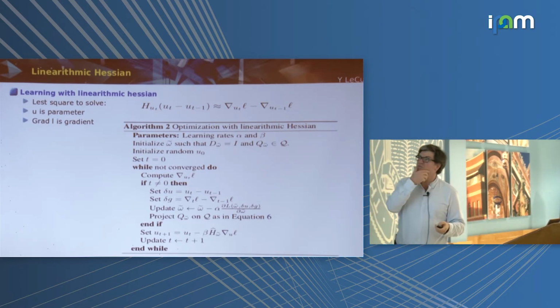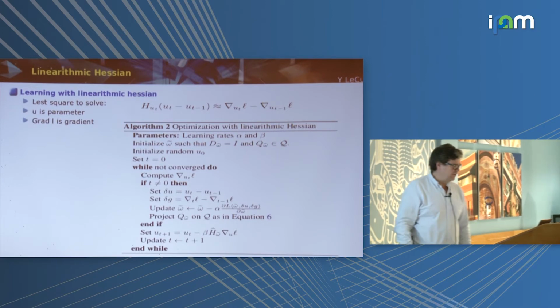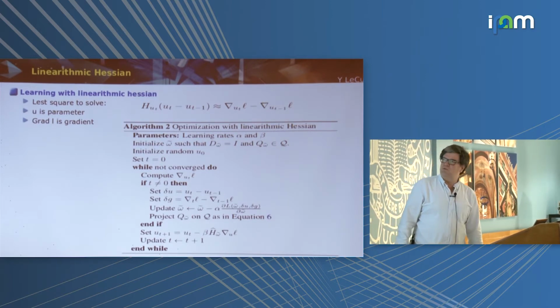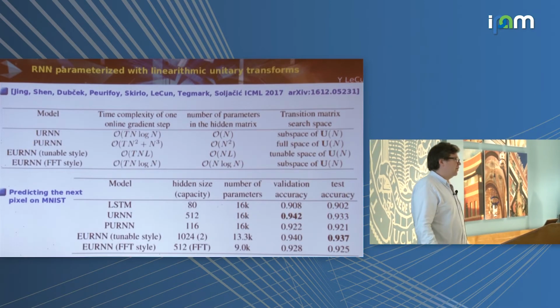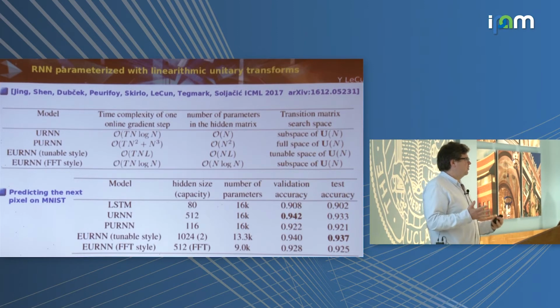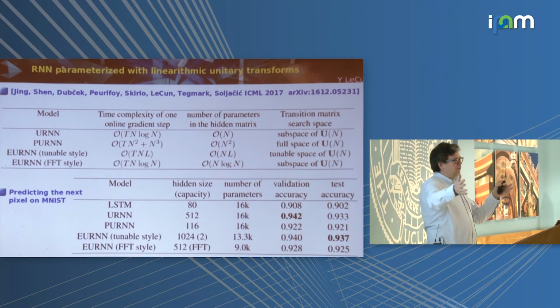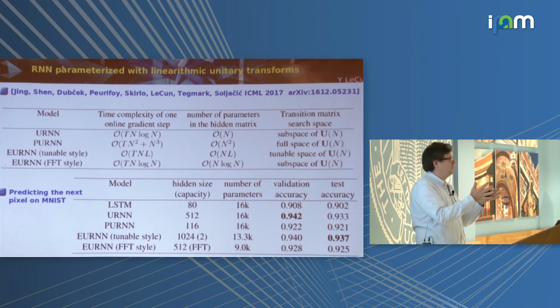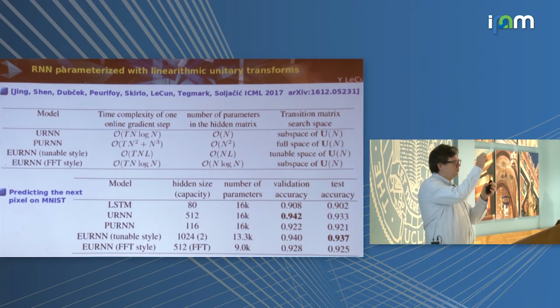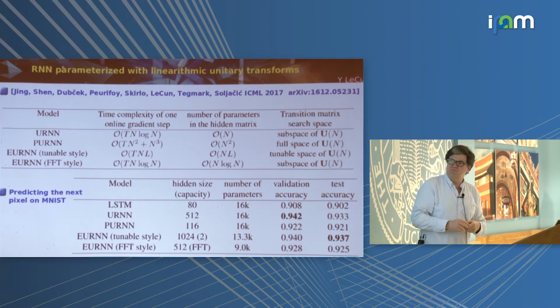So I was discussing this idea with these guys, and they said, maybe we could train a recurrent net using this parameterization of rotation matrices, so that you build a recurrent neural net and you parameterize its matrix as a product of n log n 2x2 rotations.